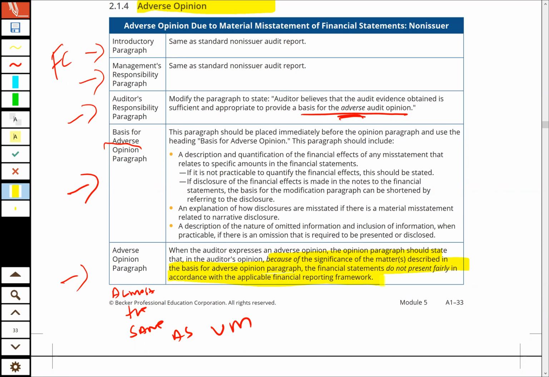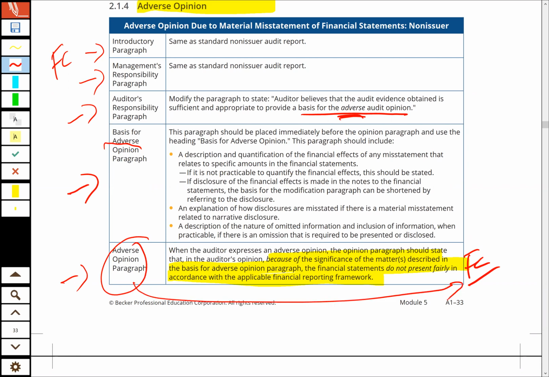So I don't know if I should say almost the same. Let's take that off, because it's not really almost the same. Why don't we flashcard within the flashcard what that adverse paragraph says. So I want you to flashcard the structure, but then I want another flashcard that calls out specifically what goes into the adverse opinion paragraph.